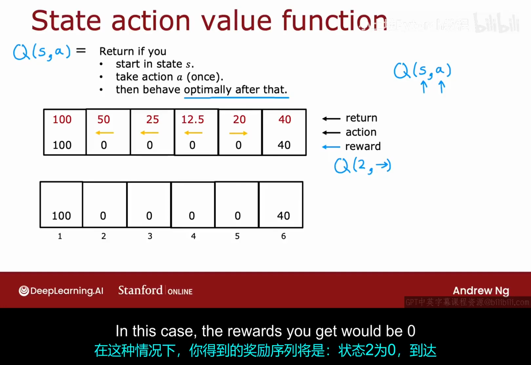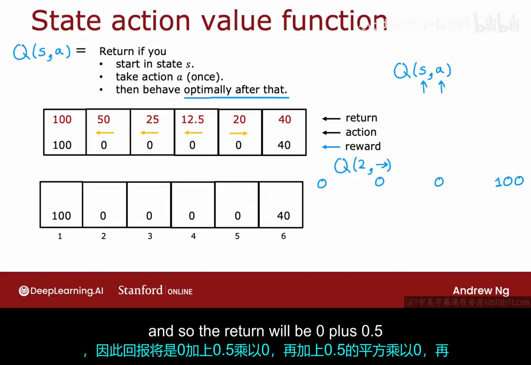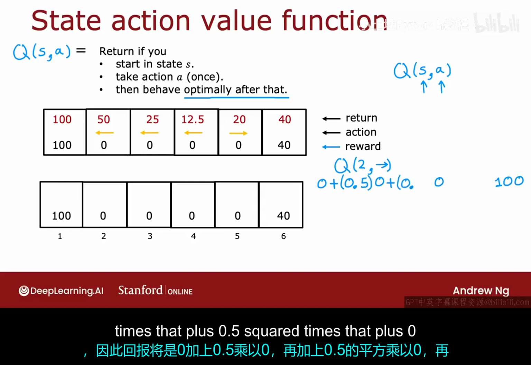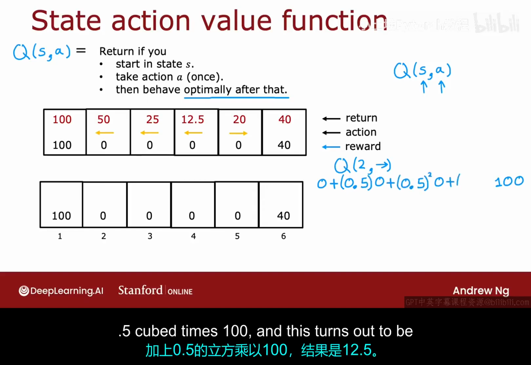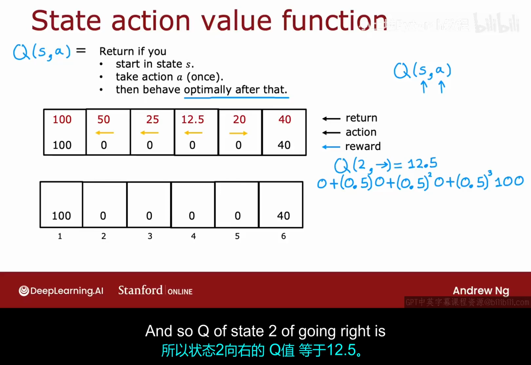In this case, the rewards you get would be 0 from state 2, 0 when you get to state 3, 0 when you get back to state 2, and then 100 when you finally get to the terminal state 1. And so the return will be 0 plus 0.5 times that, plus 0.5 squared times that, plus 0.5 cubed times 100. And this turns out to be 12.5. And so Q of state 2 of going right is equal to 12.5.